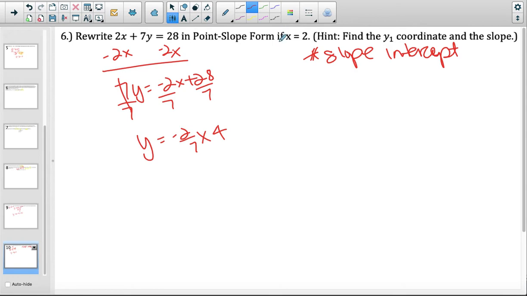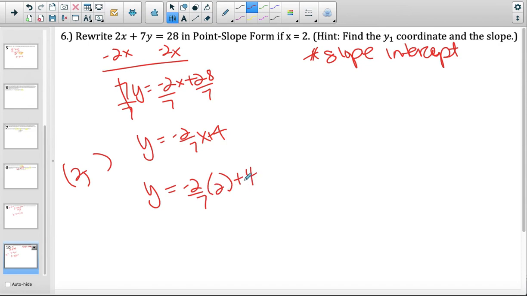So if x equals 2, we could look at this by saying y equals, again, I want my ordered pair. I have the 2, but I don't know what that y is. y equals negative 2/7 times 2 plus 4. Well, negative 2 times 2 is negative 4, so I'm going to have negative 4/7 plus 4.